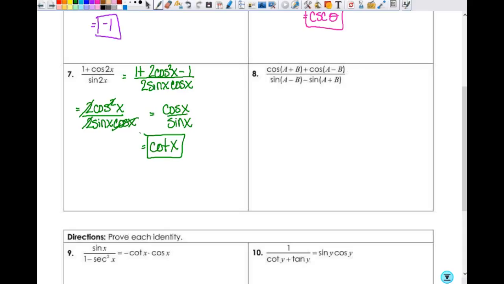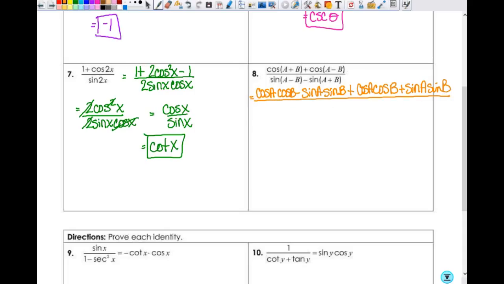Alrighty, number 8. Got a lot of substituting to do with these a plus b and a minus b going on here. So the cosine of a plus b gives me cosine a times cosine b minus sine a times sine b, plus, and then the cosine of a minus b gives me cosine a cosine b plus sine a sine b, all over.